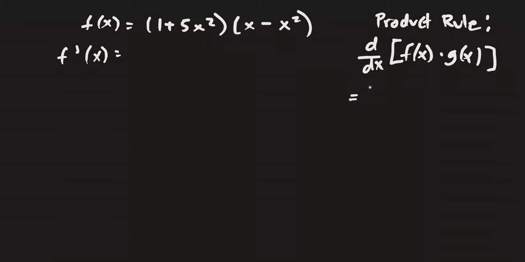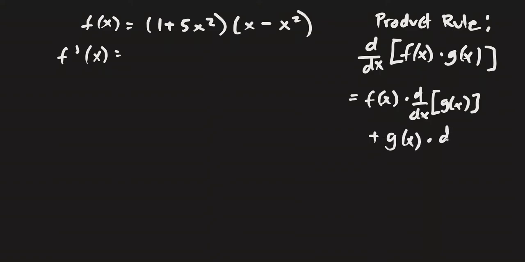It's actually like this. So this would be equal to f of x times the derivative of g of x, right? And then plus, so I'm doing this on two separate lines, but they're just one overall expression, plus g of x multiplied by the derivative of f of x.